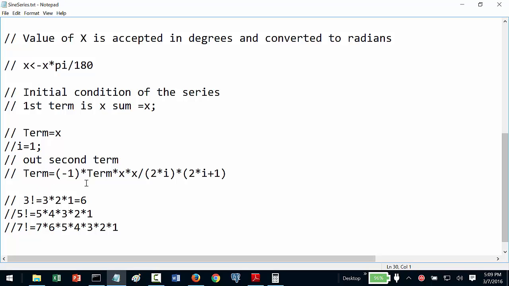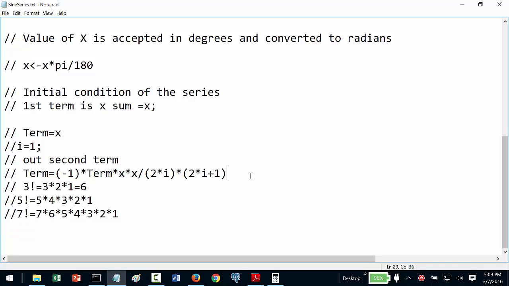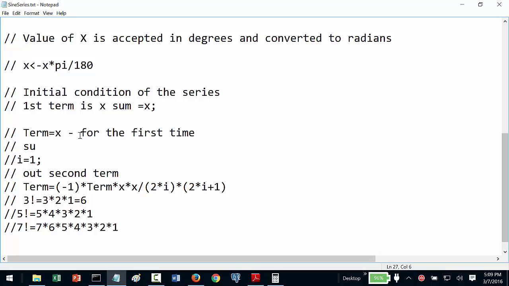Now, this is the term that I have calculated. This is my term for the first time, and my sum will be equal to x for the first time.